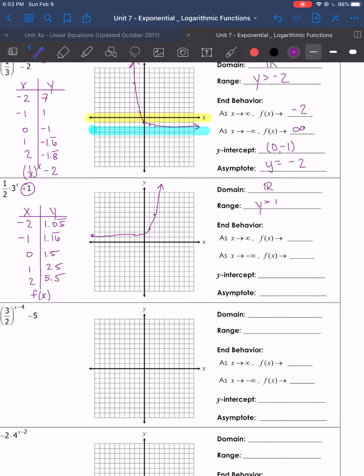Y is greater than that, which is 1. As x goes to infinity, it's going to positive infinity, and as it goes to negative infinity, it's going to 1. Your y-intercept is 0, 1.5, and your asymptote is y equals 1, because that's the line it gets really, really close to, but never crosses.